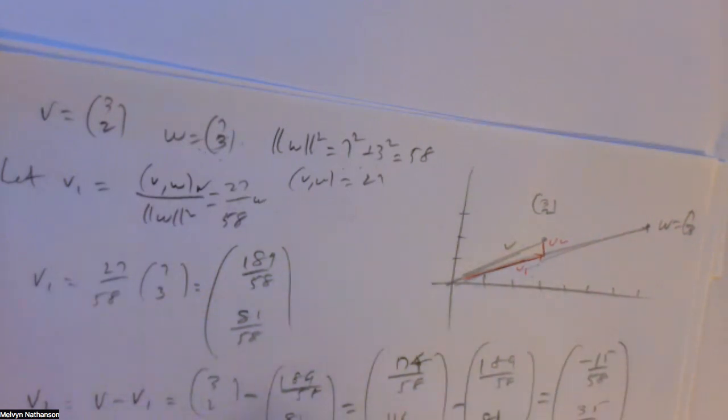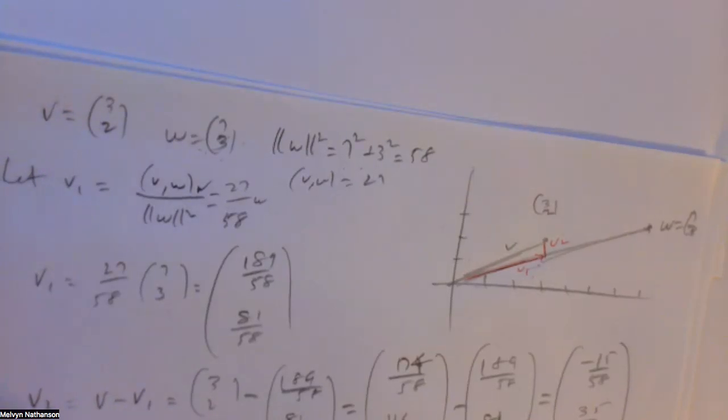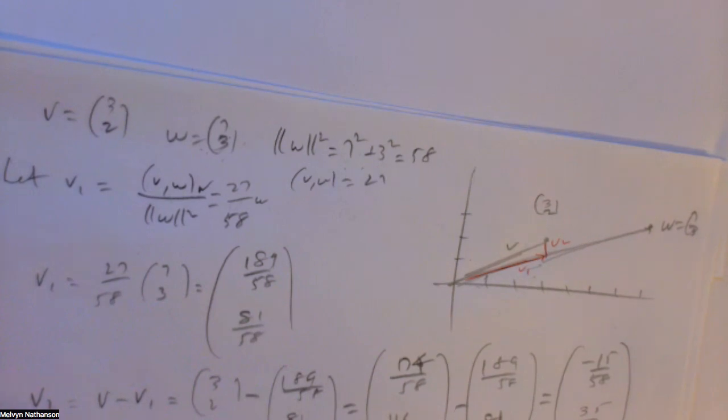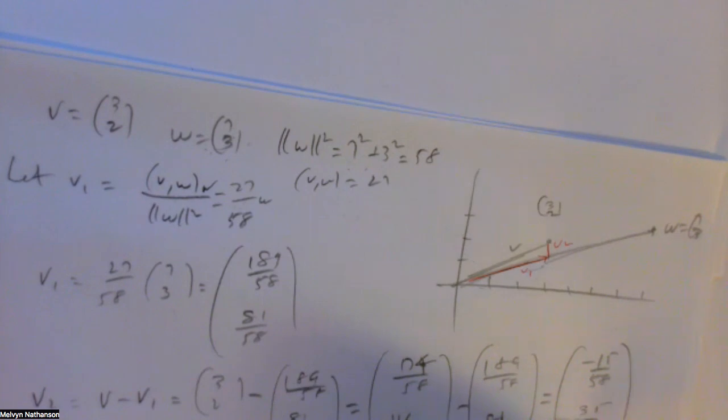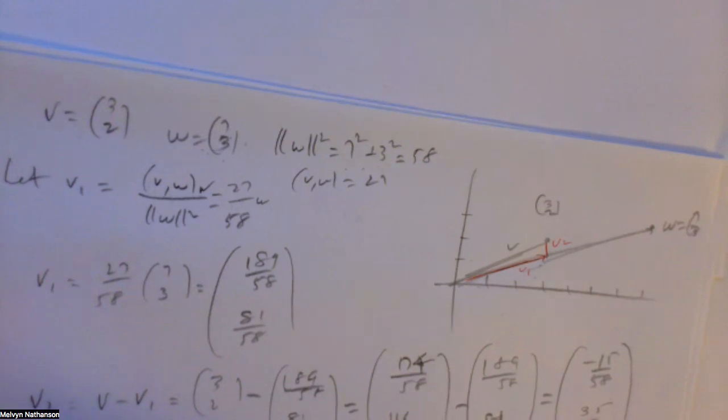If we just want to check, it's supposed to be that v2 is perpendicular to w. So let's take their inner product. That's the inner product of minus 15 over 58, 35 over 58, with the vector w, which is 7, 3.